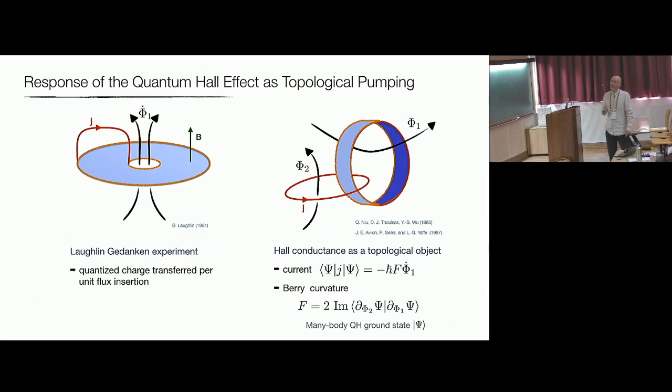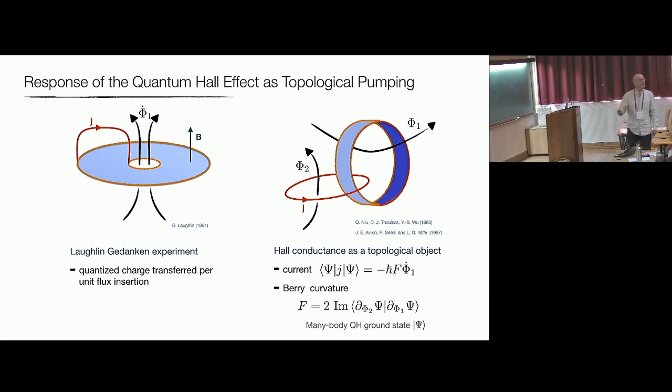There's a third way, which was inspired by a Gedanken experiment by Laughlin. Consider a Corbino geometry, a disk of a quantum Hall system with a hole inside, and imagine that inside the hole, on top of the magnetic field giving rise to the quantum Hall effect, you add some magnetic flux. You basically act on the electrons through an Aharonov-Bohm effect. Then you give rise to a current between the inner and outer edge.